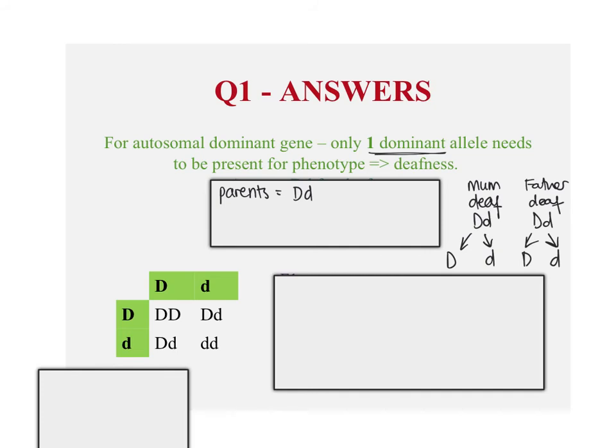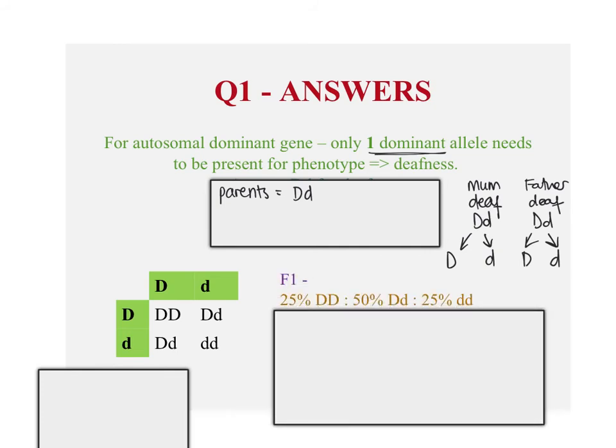And in terms of my offspring, I know that 25% are going to be big D, as you can see in the top left corner. 50% are big D, little d, over where I've circled them. And then finally we've got one little d. And we've got to use our key, our knowledge. We know that the deafness is dominant. We only need one allele, one big D allele, for deafness to occur.